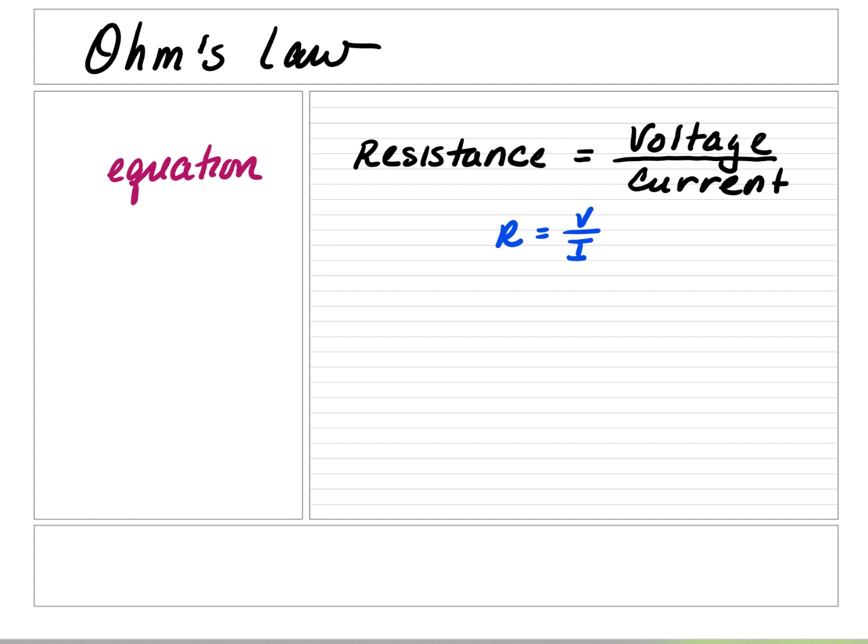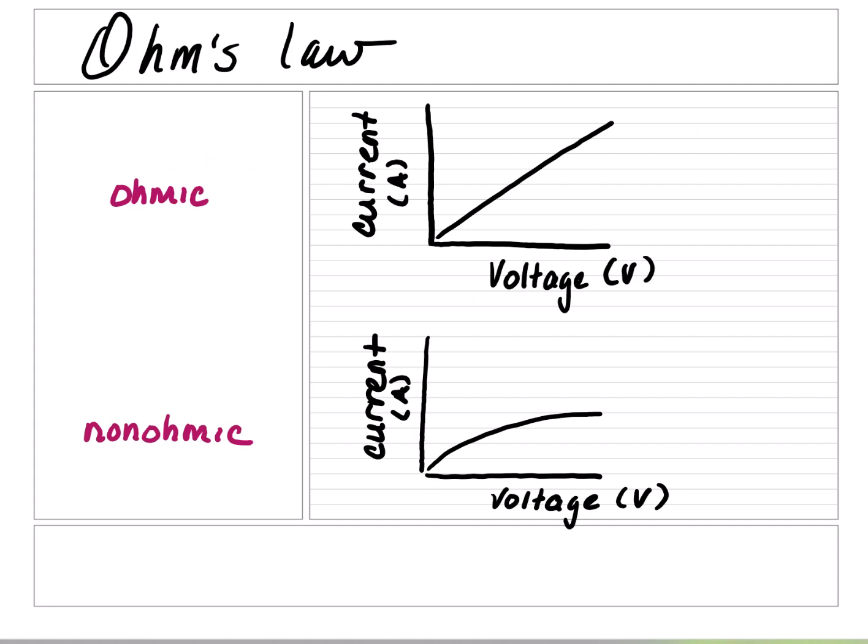Ohm's law relates all three of the variables discussed above. Ohm's law states the resistance is equal to voltage over current, or R equals V over I. Or you could write it as V equals IR. If I graph the current versus the voltage and I get a linear line, the slope of this line represents 1 over the resistance.